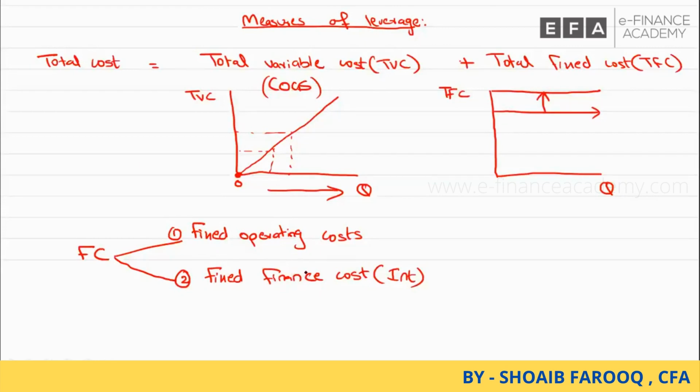Before we start looking at the risk measures, we will just discuss components of risks. When we speak about risk, it can be broken down into, number one, business risk.